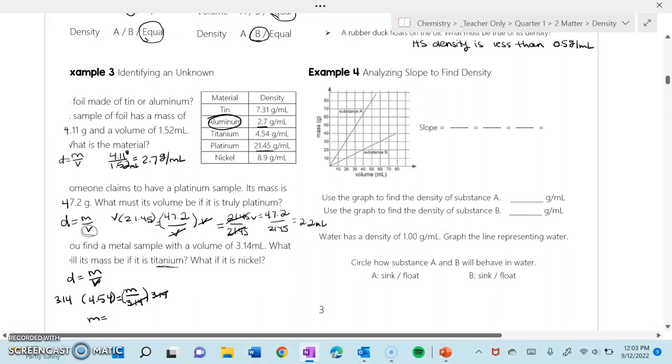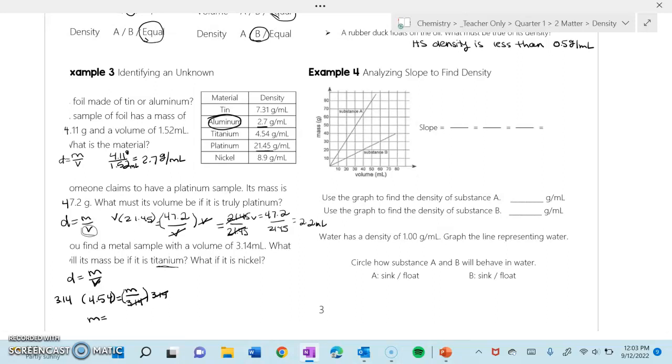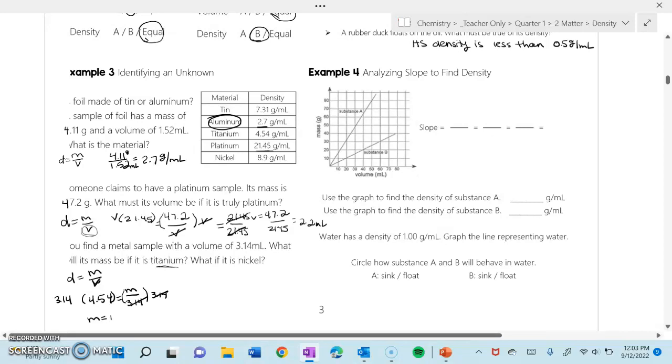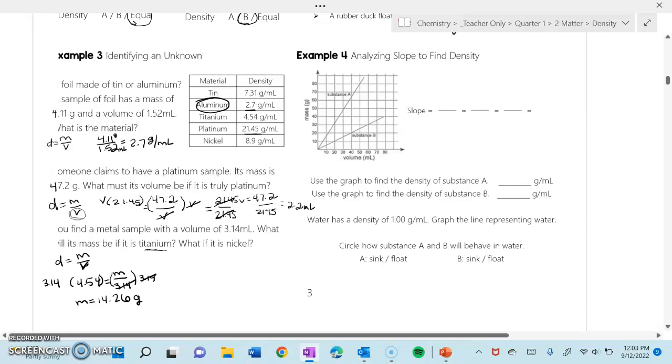And that will give us our mass. Pop it into your calculator. 4.54 times 3.14, and we get 14.26 grams. There's our mass. 14.26 grams. That's if it's titanium.